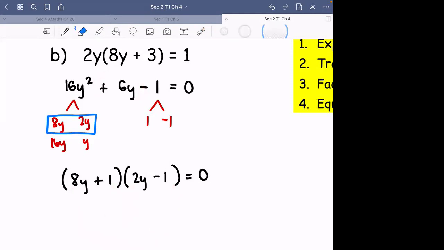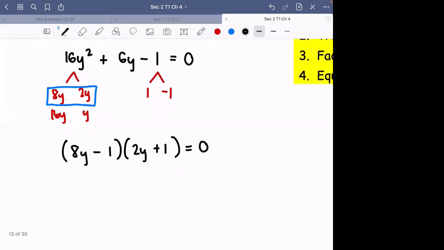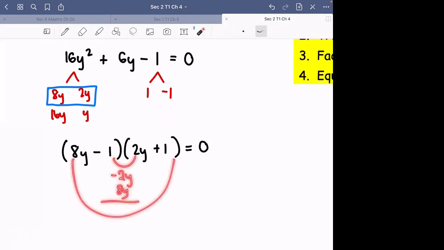So let me switch their places. Let me make this -1 and this +1. So the inner is negative 2y, and the other is 8y. Solving that, you get 6y, which is the same as this. So this is the correct pair now.